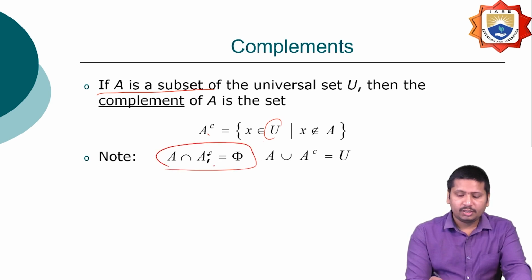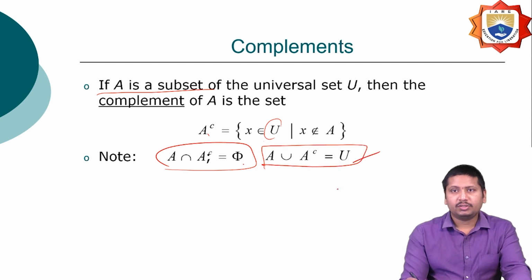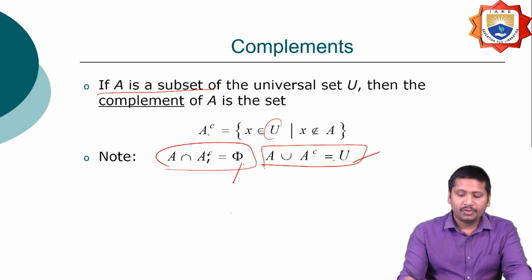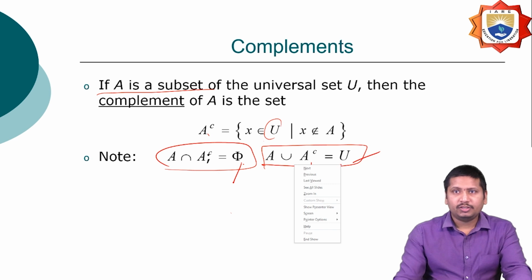A intersection A complement is phi and A union A complement is the universe.